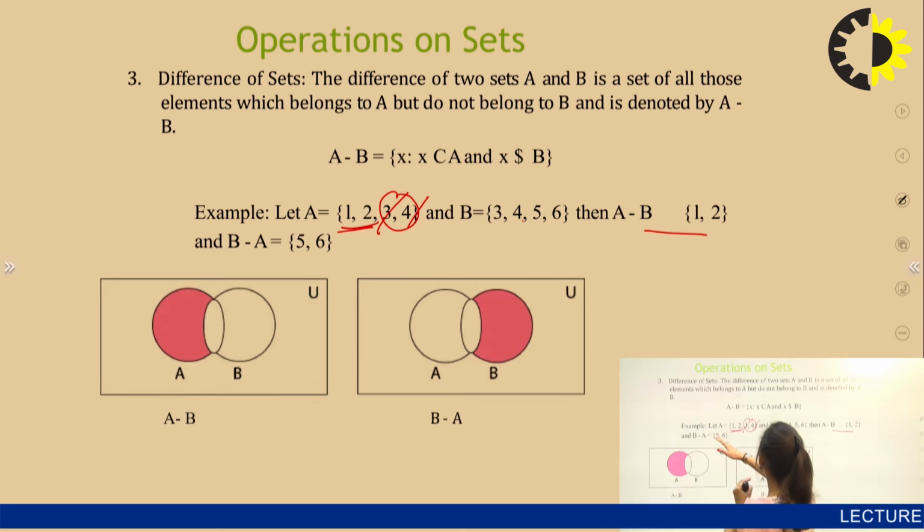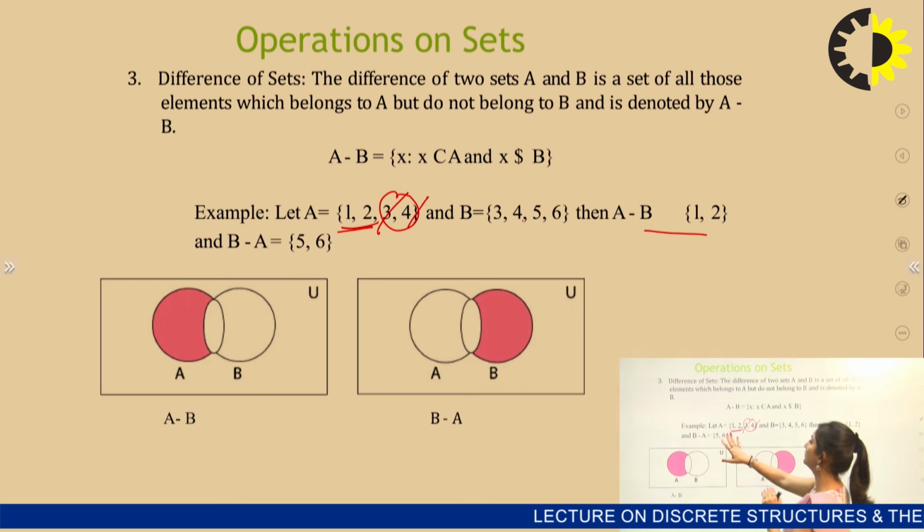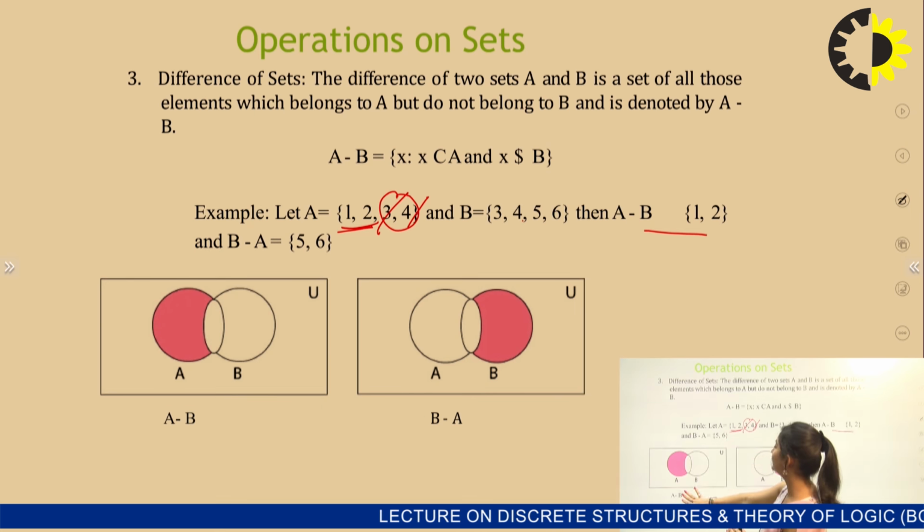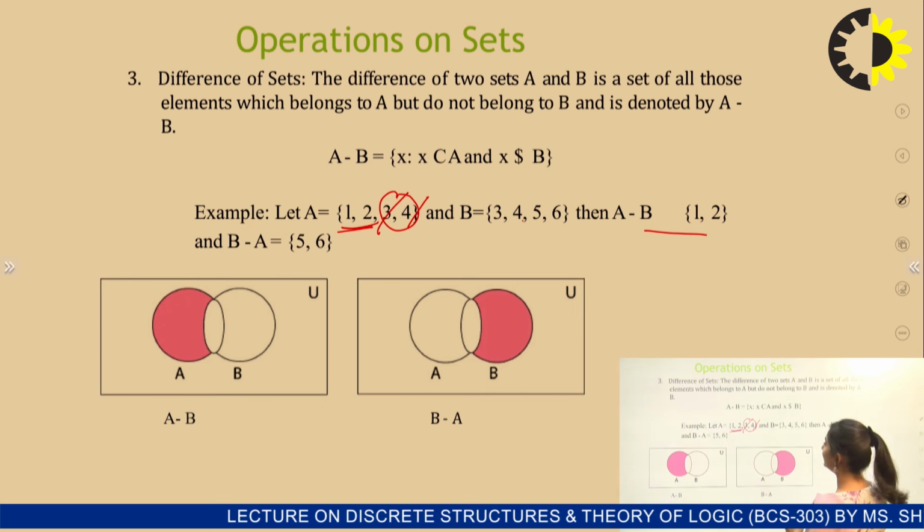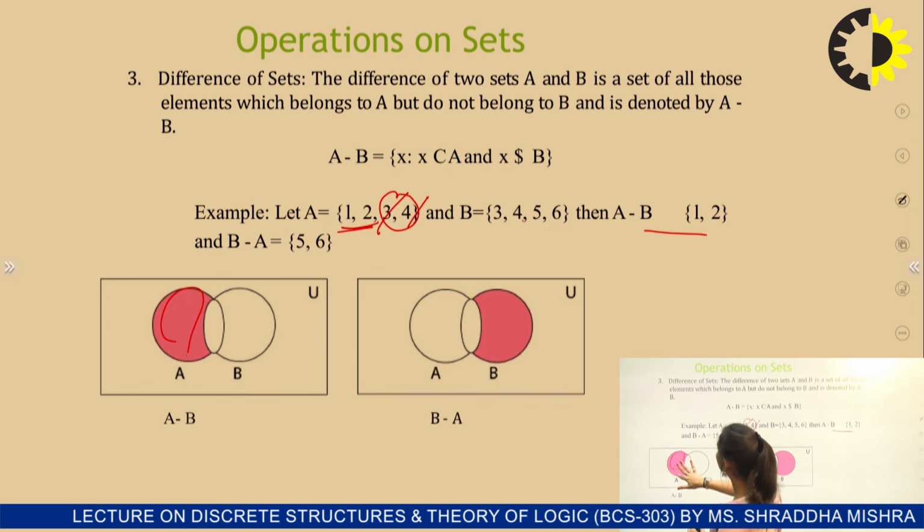And similarly from B you remove A elements, and only 5 and 6 remain. So here we have to denote A minus B. You can see A minus B is 1, 2. This is the area which we have denoted.